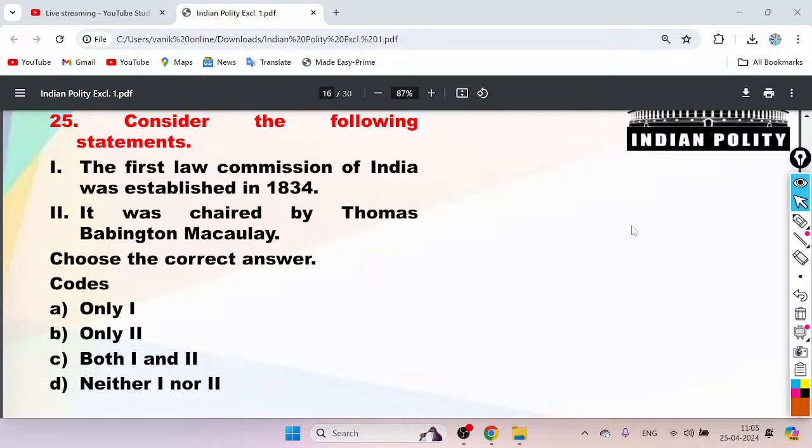And this is the first commission. But remember, the first commission after independence was constituted in 1952, which was chaired by M.C. Setalvad. Okay, so both the statements are correct in this regard.